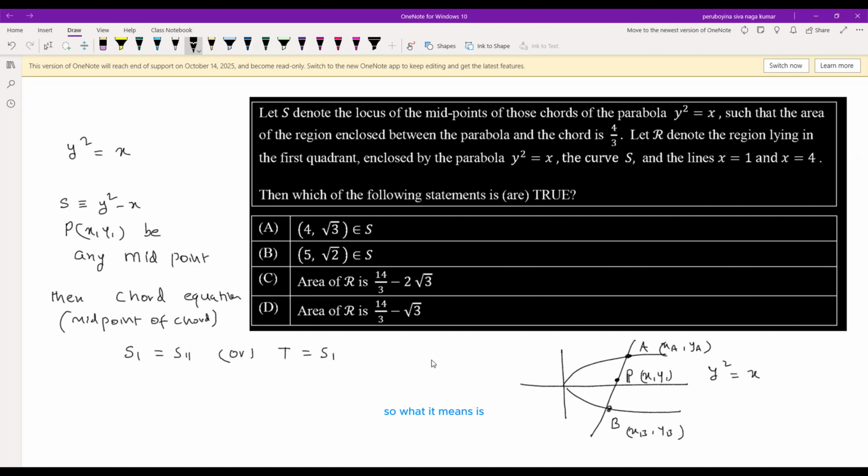So what it means is, S1 means take this equation and one y value will be replaced by y1. I will tell you here the notation part.